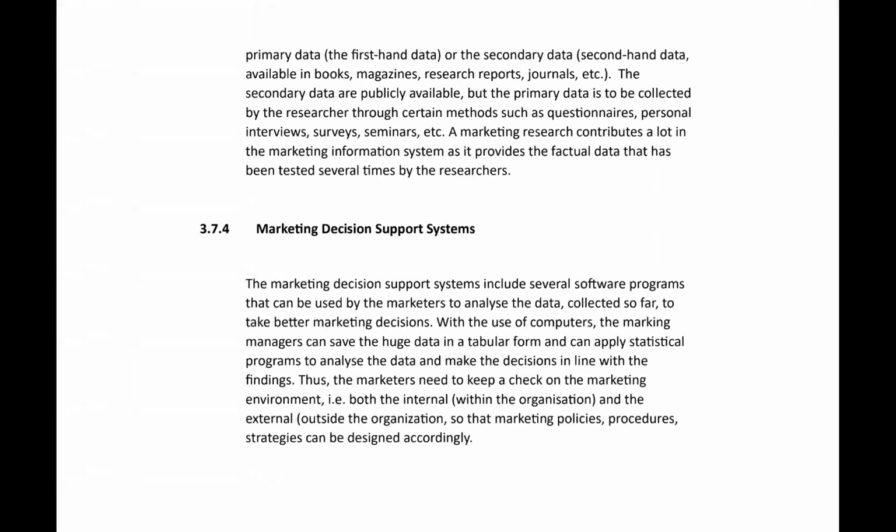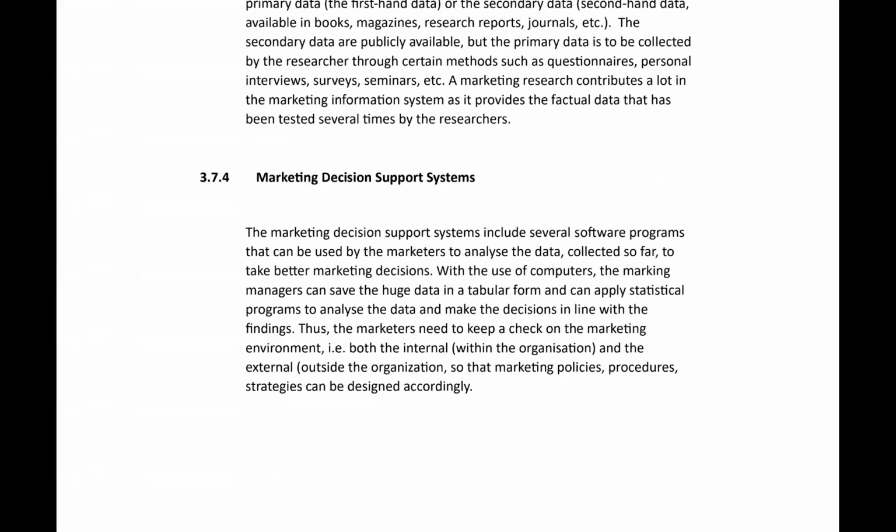The last one is decision-making, the marketing decision support system. Actually, it's also the last system in the marketing information system. The marketing decision support system includes several software programs that can be used by marketers to analyze the data collected so far, or to make better marketing decisions.